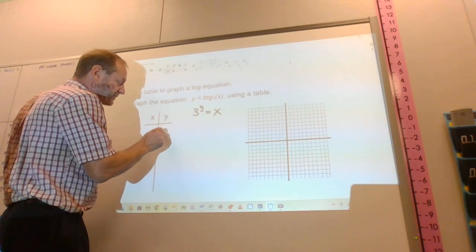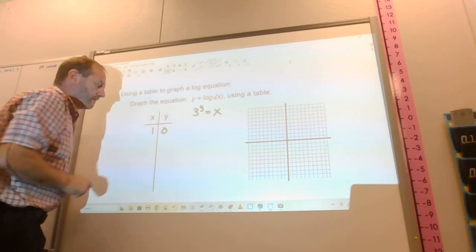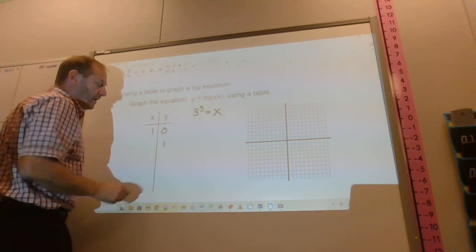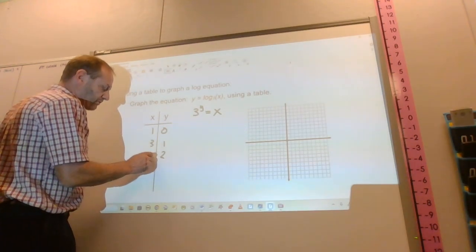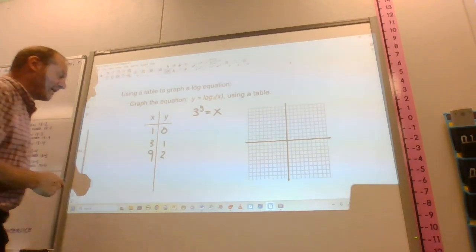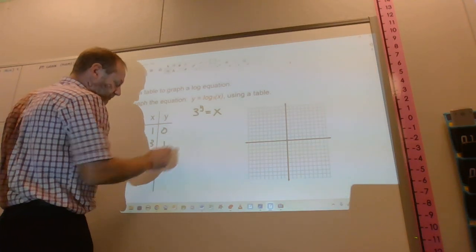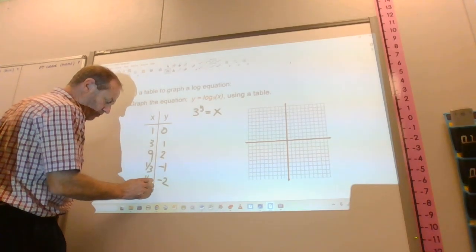So if I plugged in 0 for y, 3 to the 0 power would be 1. That's going to be on my graph. If I plug in 1 for y, 3 to the first power is going to be 3. 2 is going to be 9. Then it's going to go off the graph, so I'm going to go the other way. 3 to the negative 1 would be 1/3. 3 to the negative 2 would be 1/9.